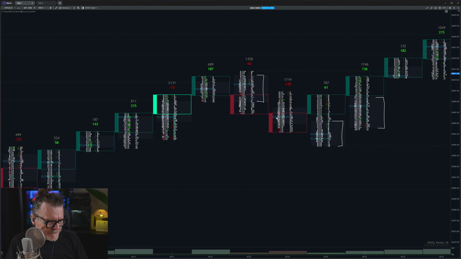Then I was paying attention to the POC, the point of control of the candle. If, for example, there is the POC and the candle closes below it, then it's better. Then I was paying attention to the finished business, which is represented by 0 at the top or at the bottom of the candle. Then I was paying attention to the imbalances, which are these red and green numbers among the footprints. Do you see it here?